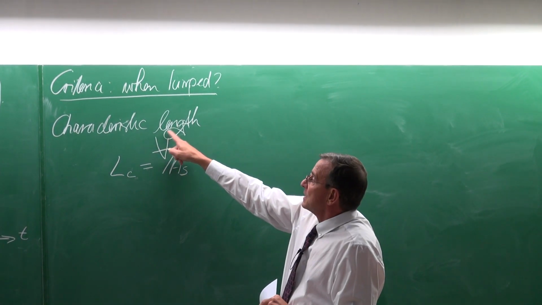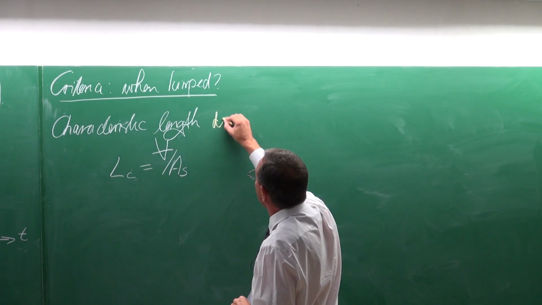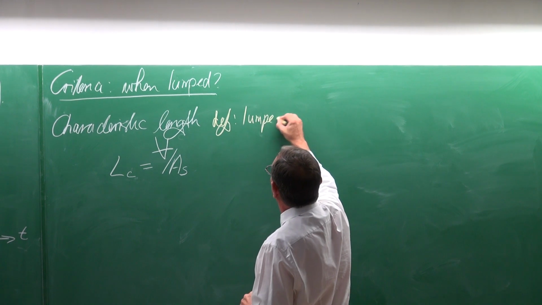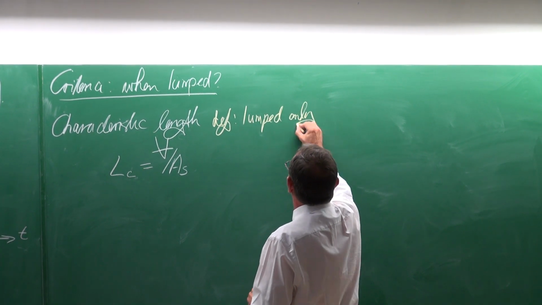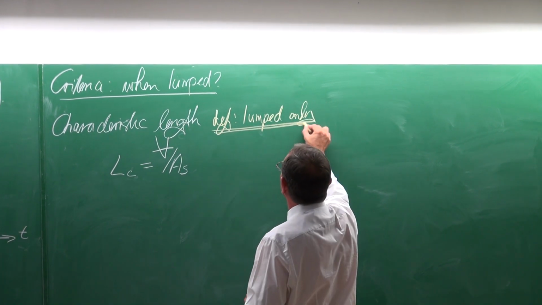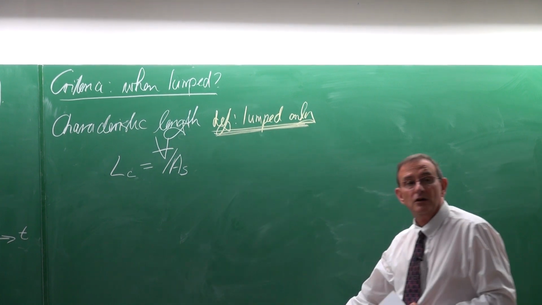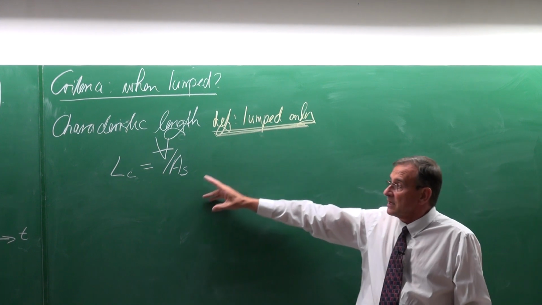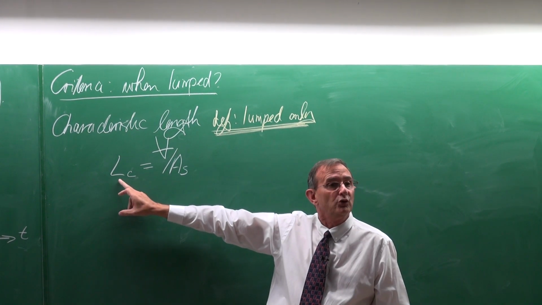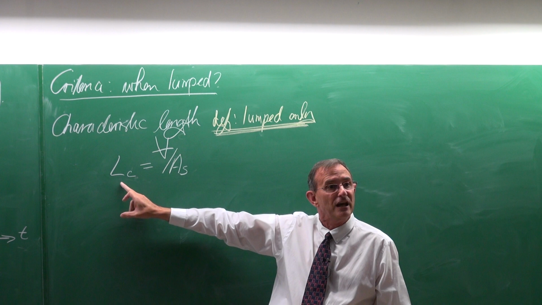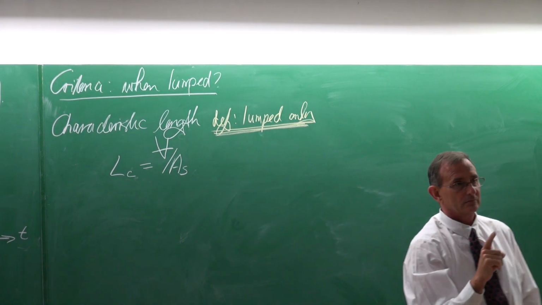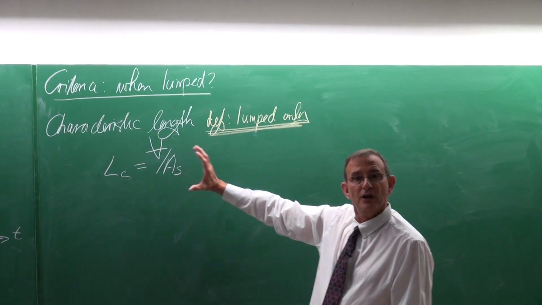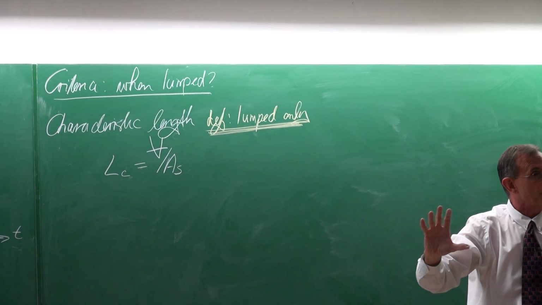Now this characteristic length definition is for lumped only. Of all the other bodies that we are going to do in this chapter, you have to be careful. In most other cases, you have to determine the characteristic length in a different way. So reserve this definition only for the lump system approach.